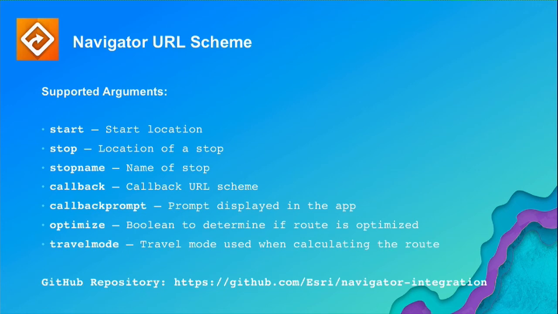So if you want to navigate to an assignment from Workforce, you'll do your route in Navigator, and then immediately when it finishes, it'll bump you back to Workforce. You can also specify travel mode. The default behavior is Navigator will use whatever travel mode you have selected, or the default travel mode of the mobile map package if you haven't changed that. But you can also specify a specific travel mode if you have your own custom travel mode you want to use, for instance.